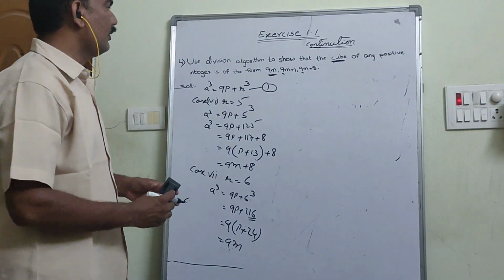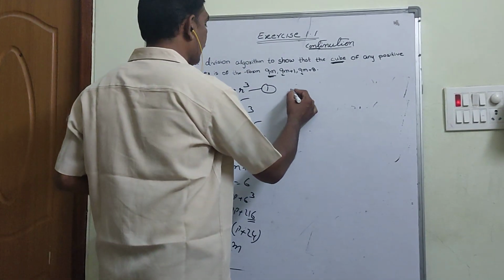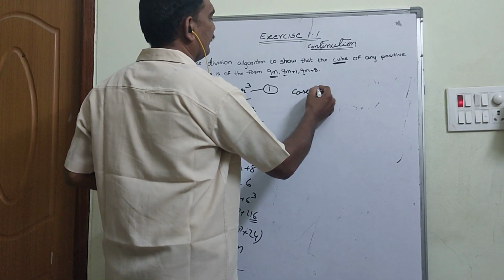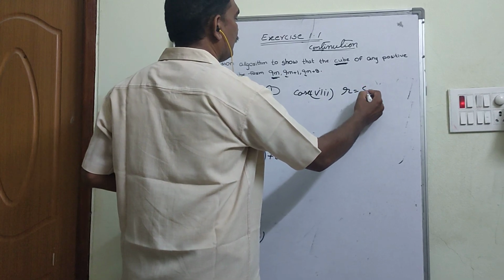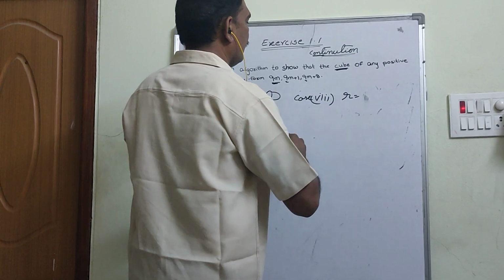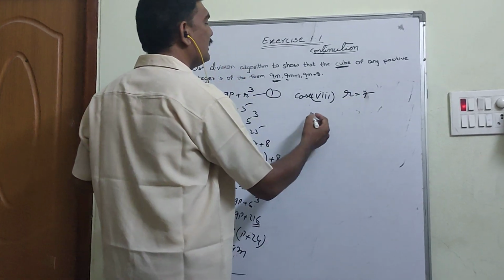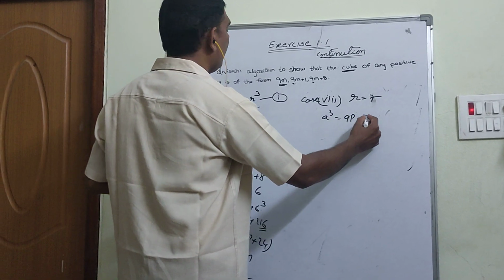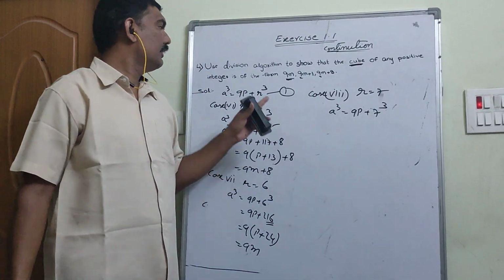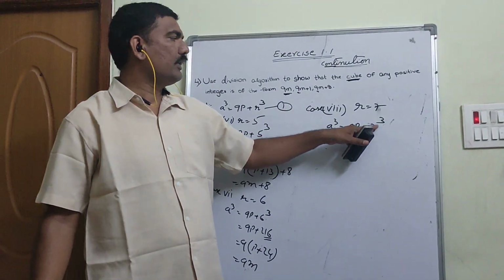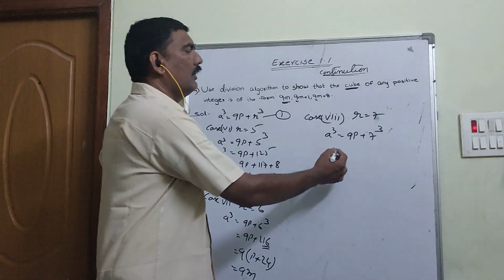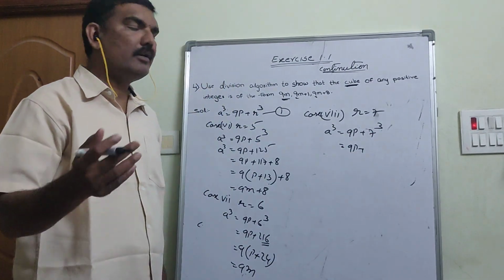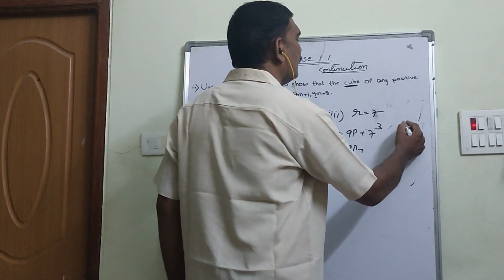Next r is equal to 7. Case 8. You have to take r is equals to 7. If r is equal to 7, a cube is equals to 9p plus 7 cube. In this place of r, you have to substitute r is equal to 7, and 9p plus 7 cube. 7 7s are 49, 49 7s are 343.